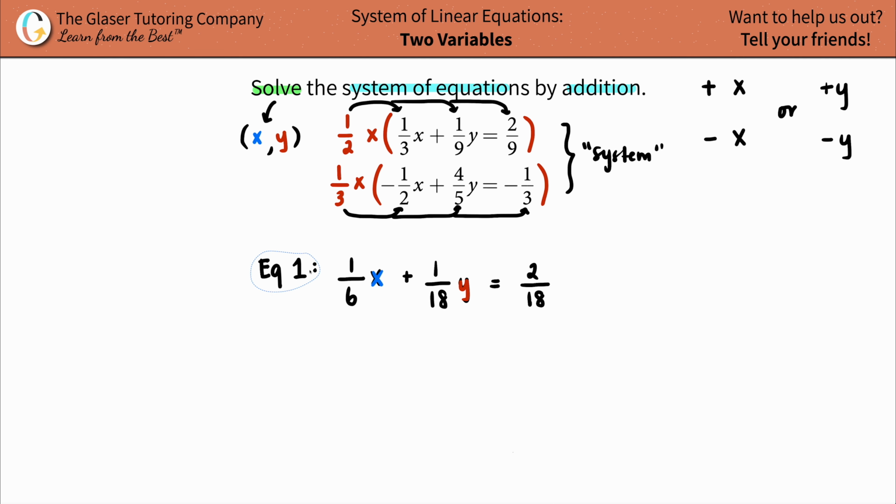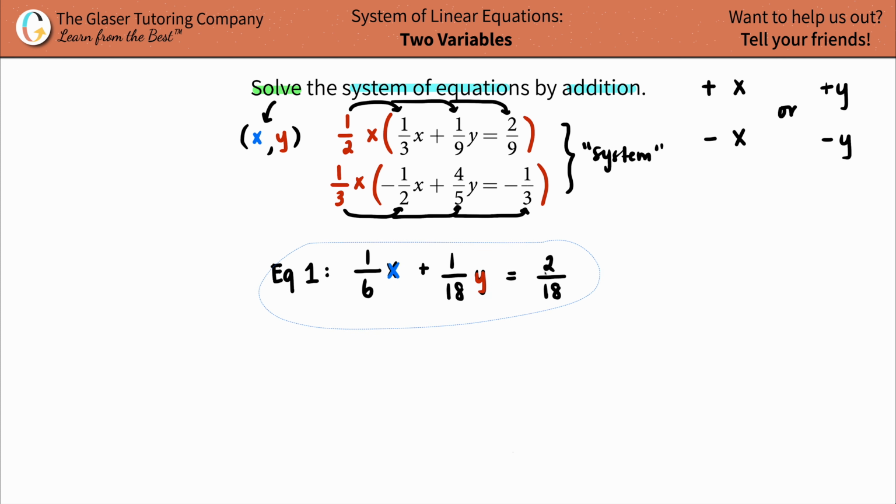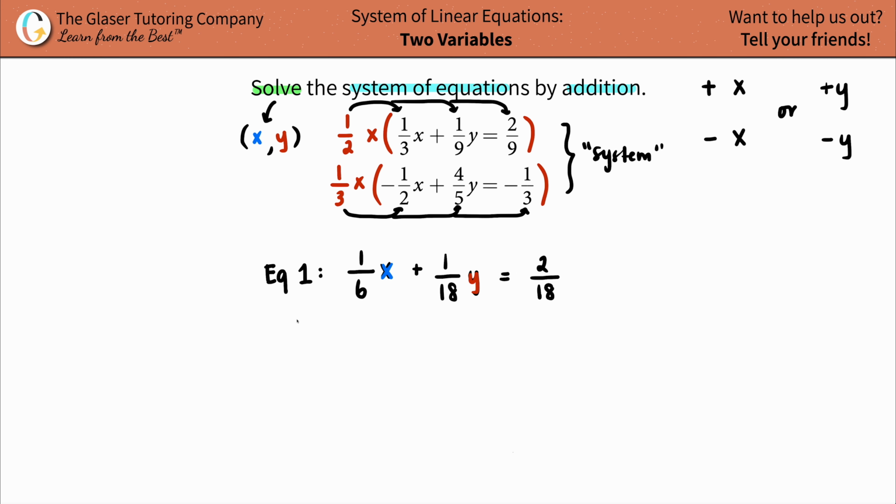Now we just have to do the same thing for equation number 2. So we'll put equation number 2. 1/3 times negative 1/2. So that's going to be the negative 1/6. So let's make that a little bit prettier. Negative 1 over 6. And that's going to be the x value. 1 times 4 is 4.